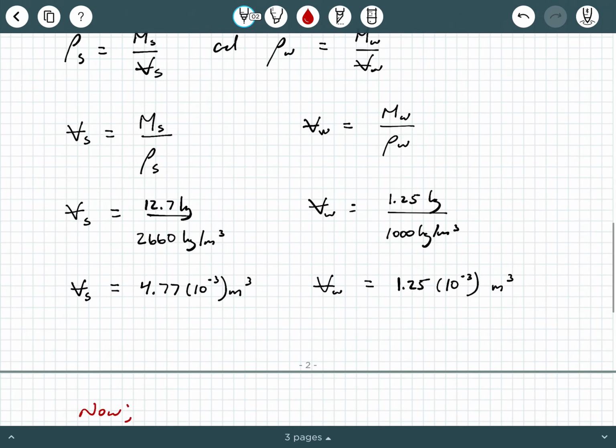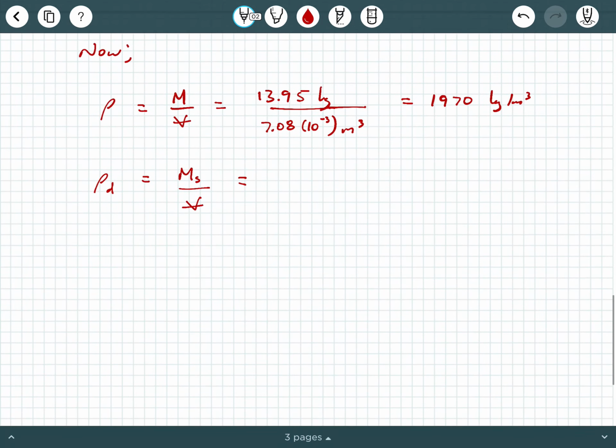Actually, there it is right there, 12.7 kilograms. 12.7 kilograms divided by 7.08 times 10 to the minus 3 meters cubed. And let's see what we get. 12.7 divided by 7.08 times 10 raised to the minus 3. And we get 1794 kilograms per meter cubed.